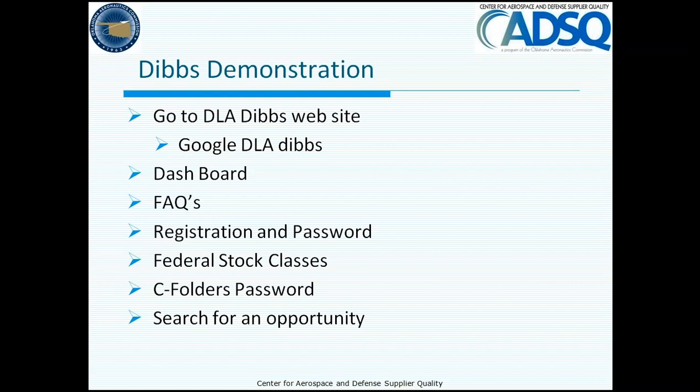I'm going to talk about frequently asked questions, and then show you how to register and get a password. Then I'll talk about the stock classes, showing you all the different stock classes on that website. Then I'll show you the C folder's password and how you get to that. And then I'm actually going to search for an opportunity on the DLA website.